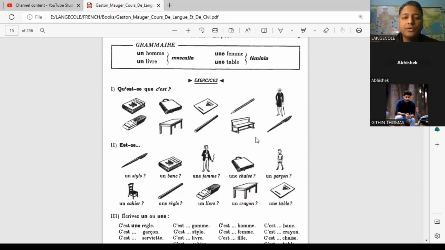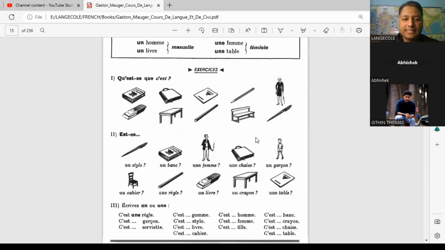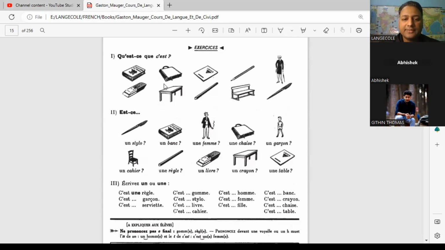What we'll do now is a bit of exercise. This slide is for exercises 1, 2, and 3. In the first one, you will answer with a sentence, qu'est-ce que c'est? You'll answer about each of the things with a full sentence. Write it in a full sentence.